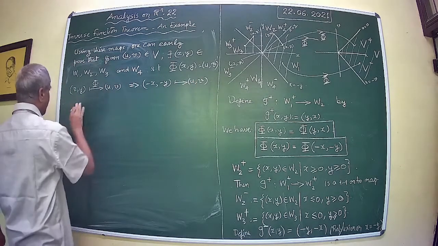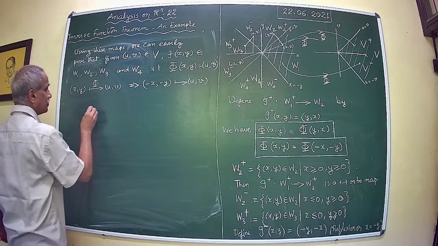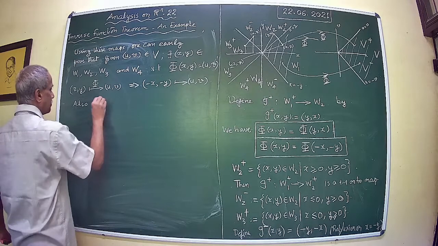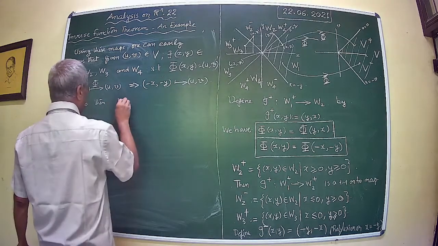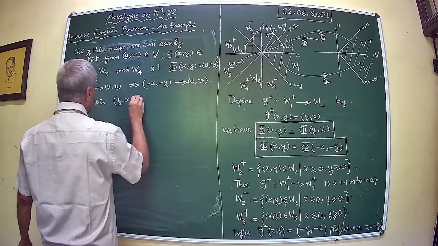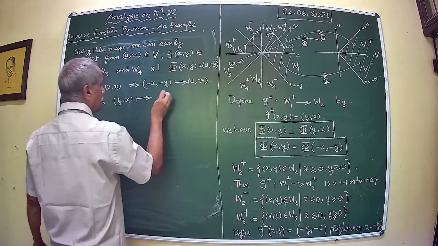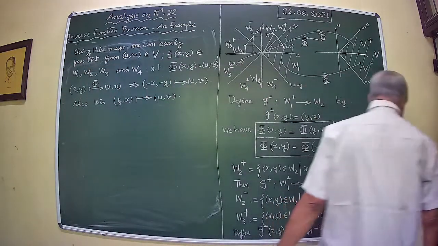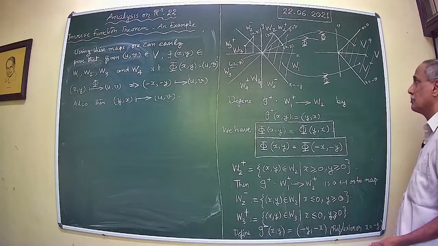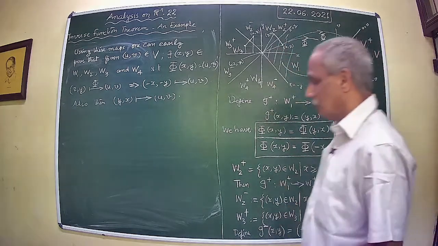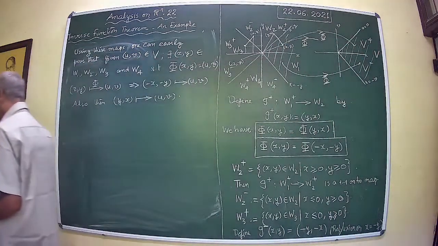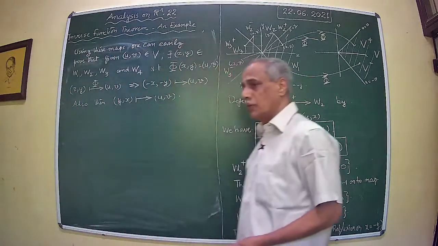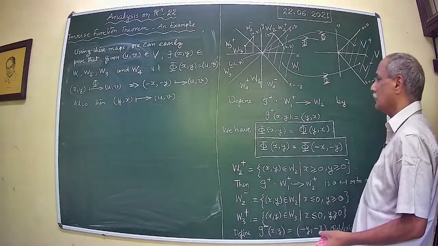And then you also have that means you have a sort of one-to-one onto maps between W1, W2, W3 and W4.